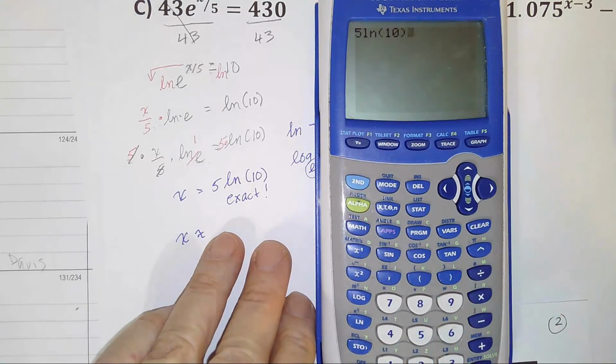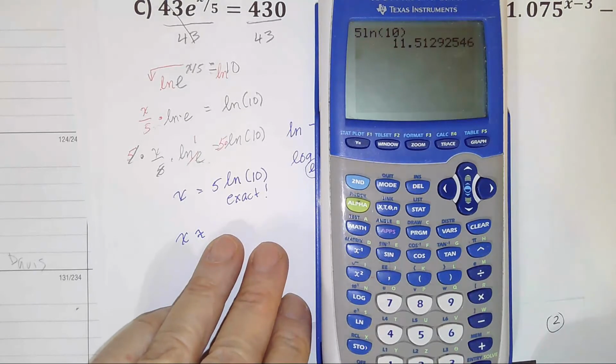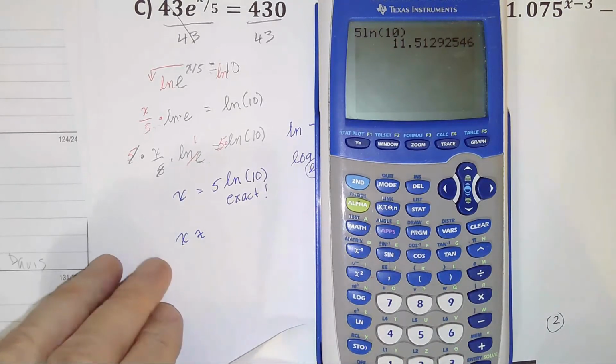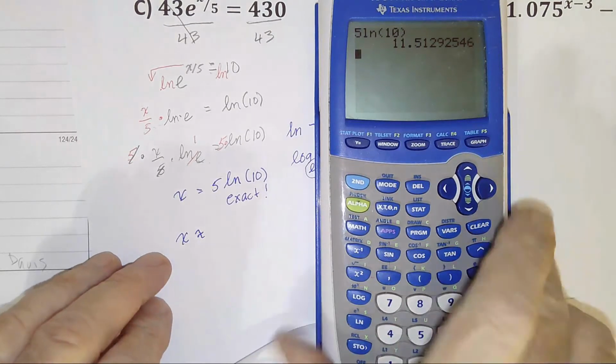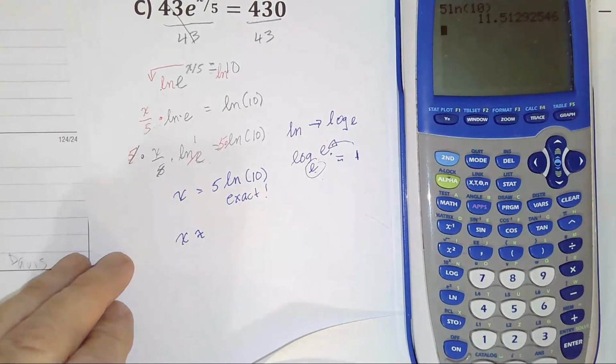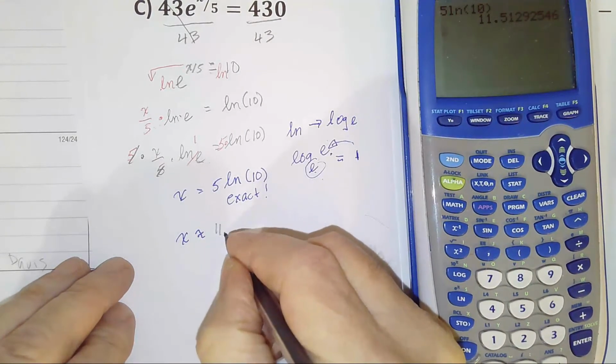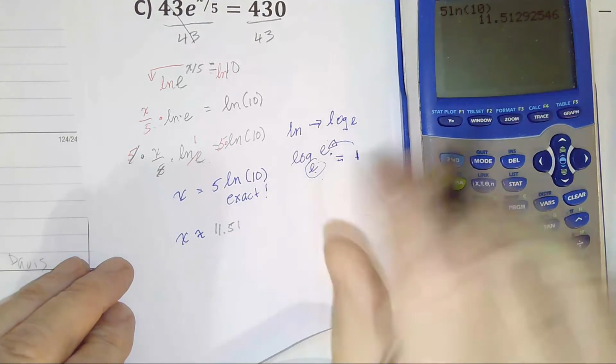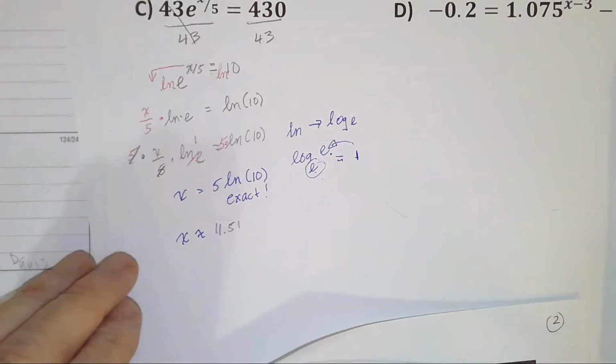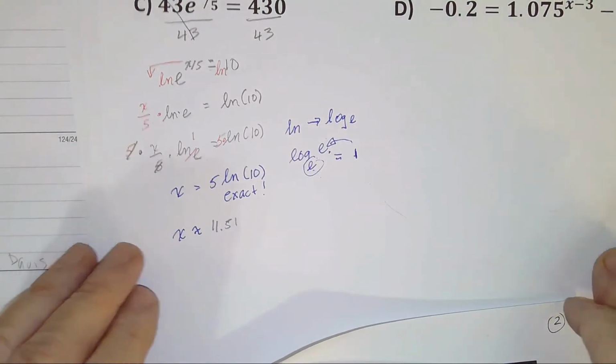And hit enter, and you get approximately 11.51, okay? So you're going to write 11.51, because we're doing it to the nearest hundredth. Okay? All right, let's look at the next one.